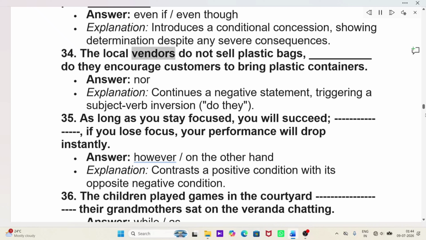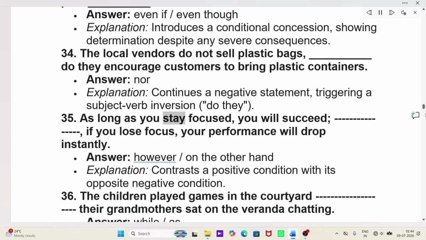34. The local vendors do not sell plastic bags, ____ do they encourage customers to bring plastic containers? Answer: nor. Explanation: continues a negative statement, triggering a subject-verb inversion, do they? 35.